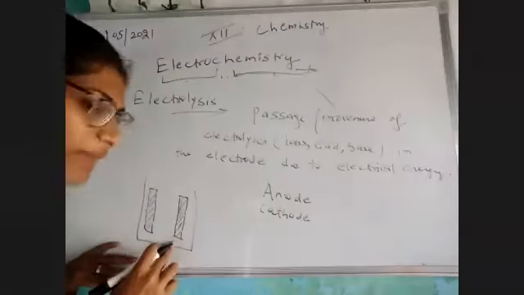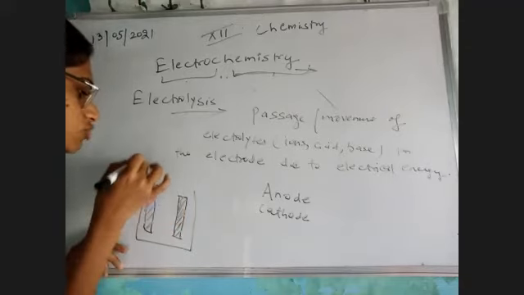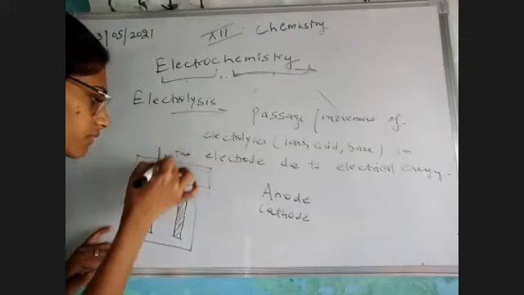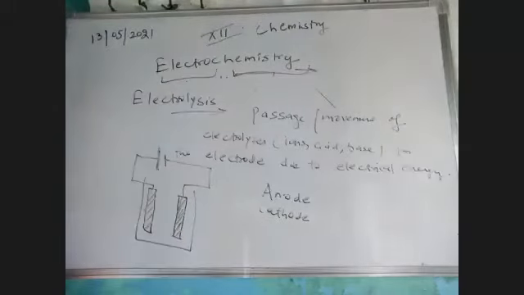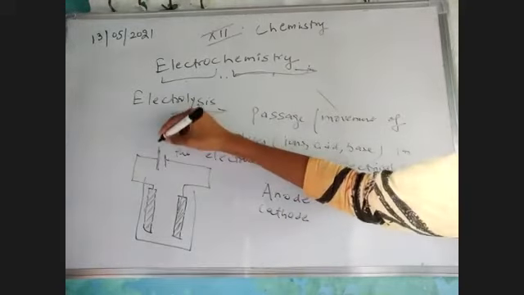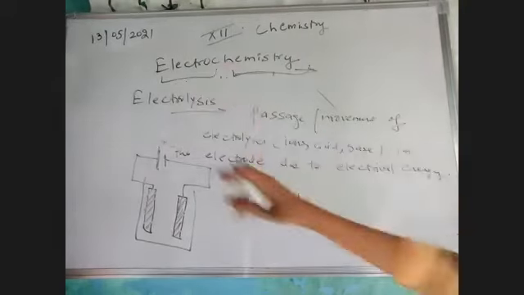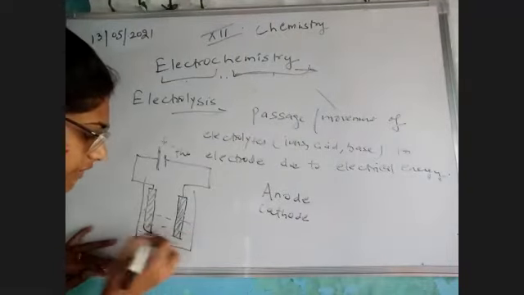Both are metal conductors, both are metals, but the point is we have joined them with different types of terminals, positive and negative. The bigger sign represents positive and the lower sign represents negative. You have learned this symbol in the 7th class also. So I am saying that we have two types of electrodes and this is filled with a solution.